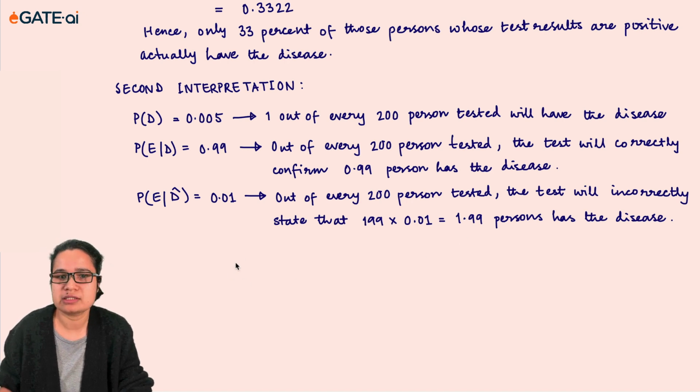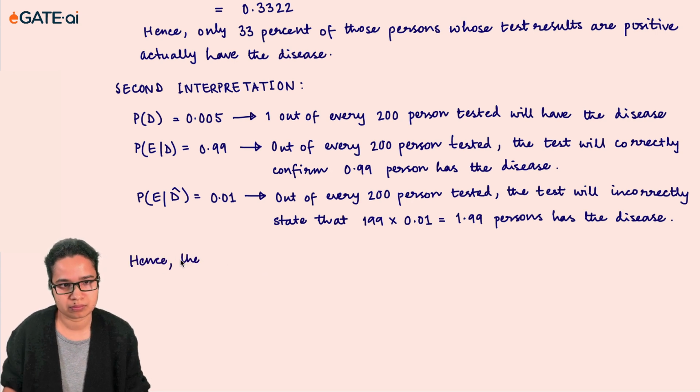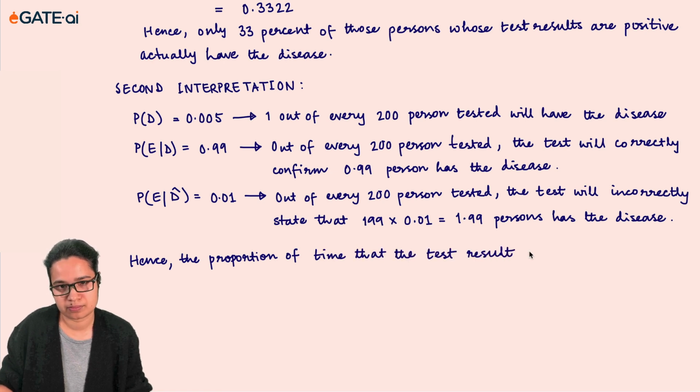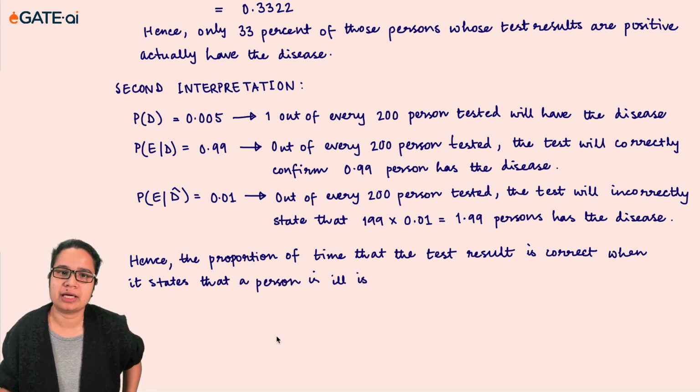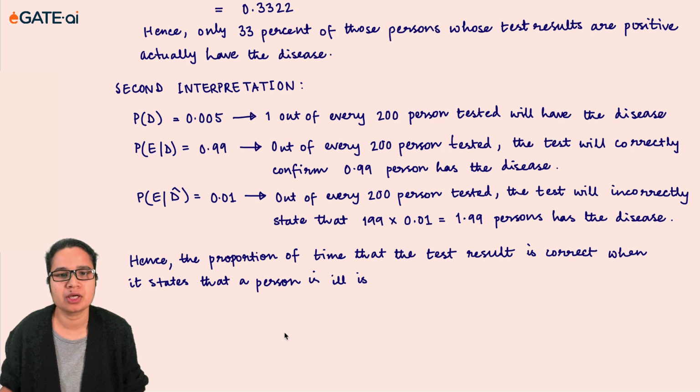So what is the effectiveness of the test now? So the proportion of time that the test result is actually correct when it says the result is positive, so the person is ill. What is the proportion that it's correct?